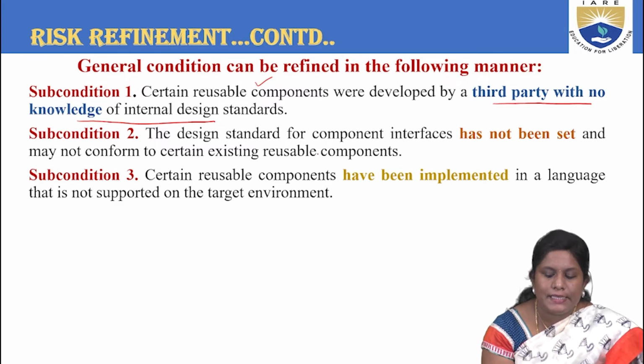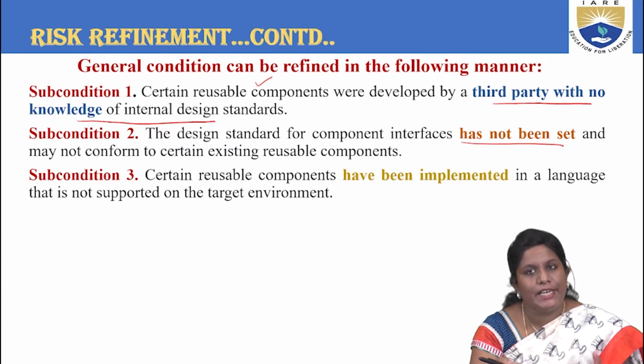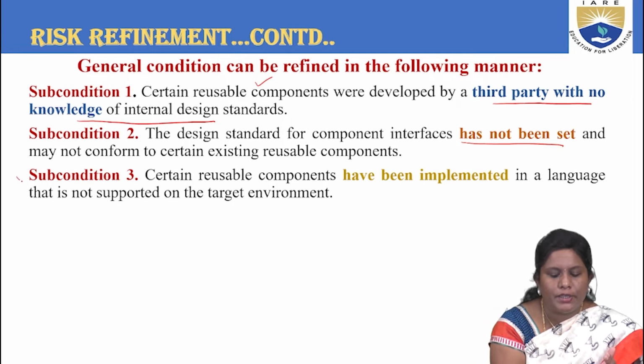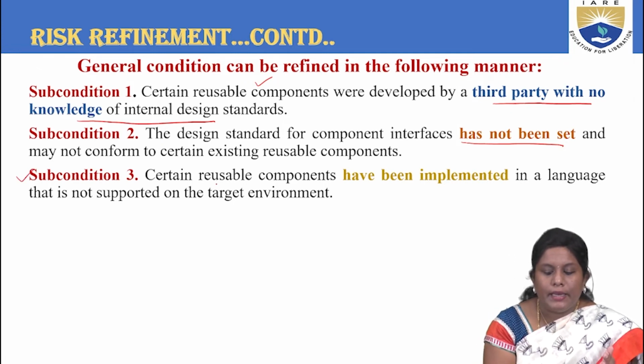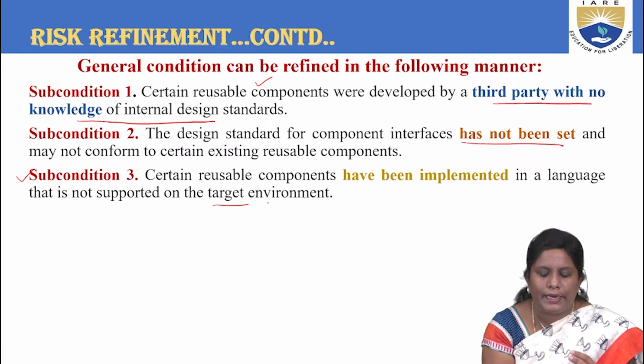Next, the design standards for component interfaces have not been set and may not conform to existing reusable components. That is, whatever design standard is there is not properly suitable. That comes under sub-condition 2. Next, we have sub-condition 3, which states that some reusable components have been implemented in a language which is not supported by the target environment.